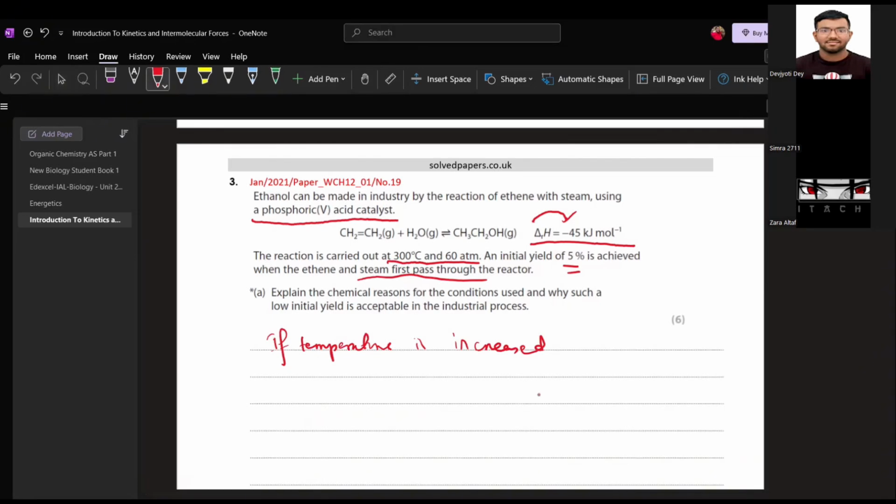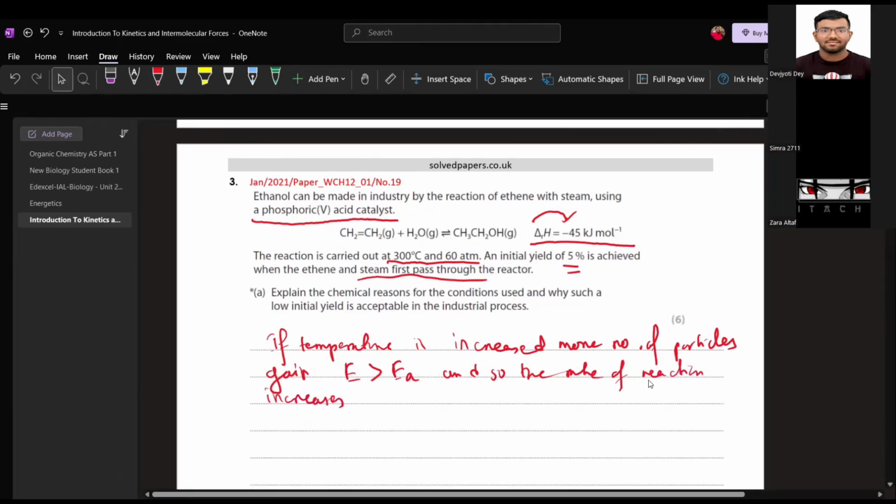So if temperature is increased, more particles gain energy greater than the activation energy, and so the rate of reaction increases. Okay, fine.